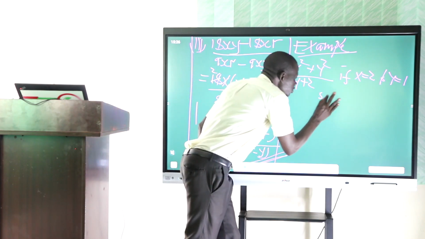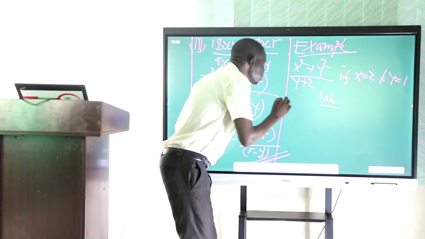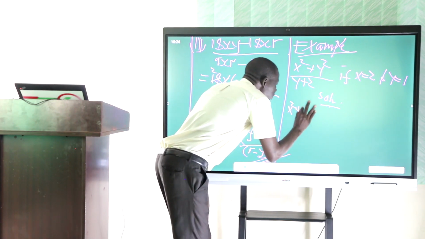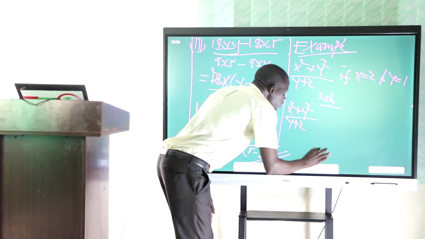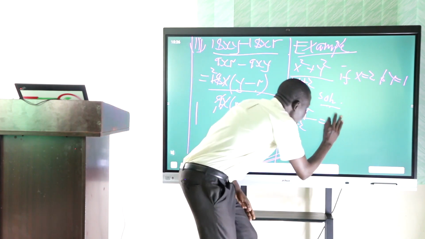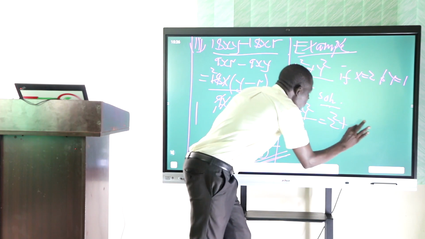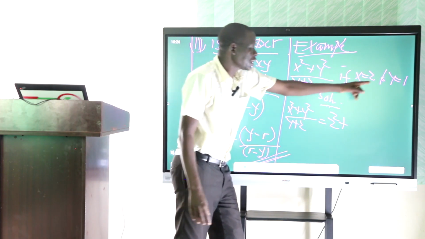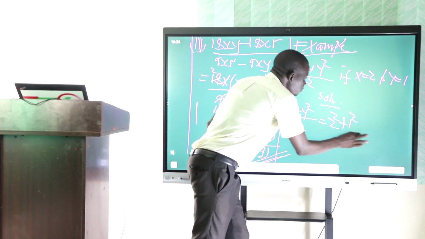So let us substitute. Here we shall have x squared plus y squared all over y plus 2. This one is the same as where there is x, I will put 2. But since the x is squared, I will square the 2. Plus, where there is y, I put 1. Since the y is squared, I square the 1.